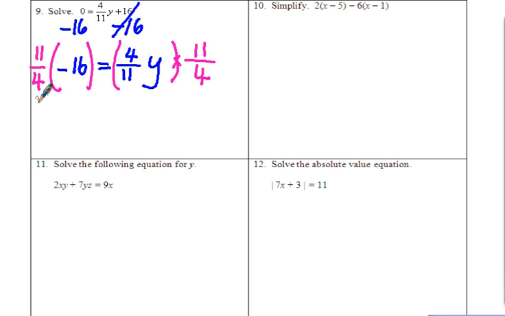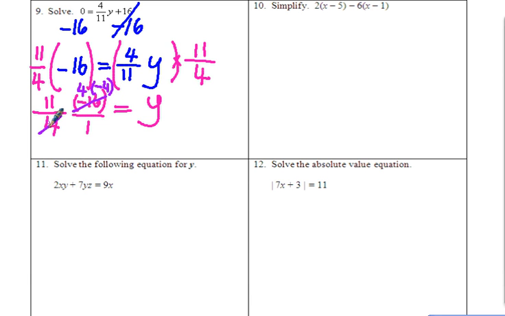Now, nice and easy, we have gotten y on the right-hand side. On the left-hand side, we have, I hope you remember how to multiply fractions, 11 over 4 times minus 16 over 1. And now you can either multiply and then divide, or you can remember that 16 is basically 4 times negative 4, negative 16 that is.